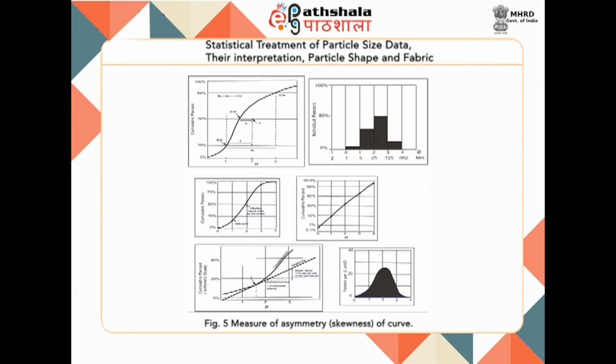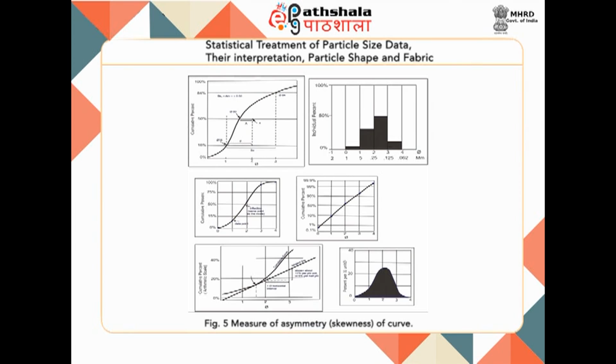Now, you see figure 5, which shows how we measure the asymmetry of a curve. In the figure, we take x, the midpoint of the phi 16 and phi 84 values, which can be found by phi 16 plus phi 84 by 2. In this case, it is 1 plus 3 divided by 2, or 2 phi.